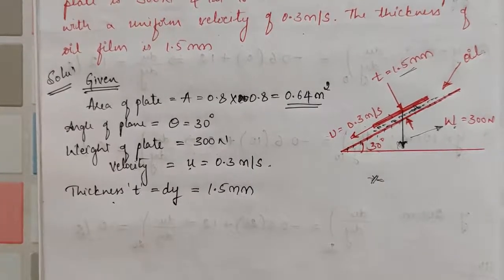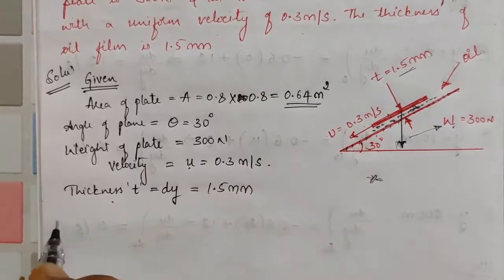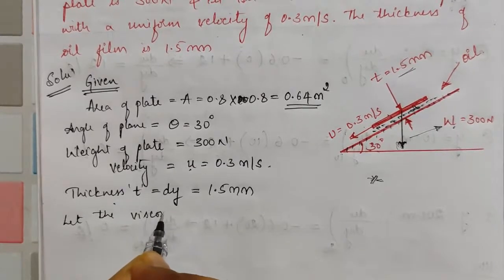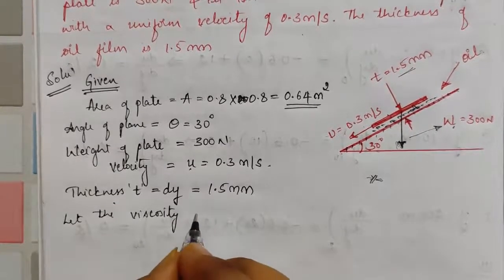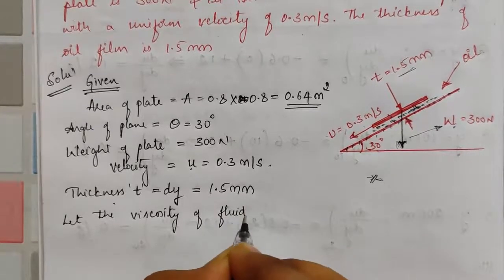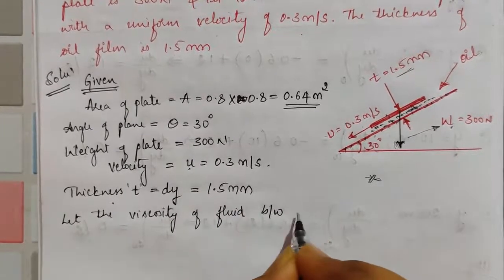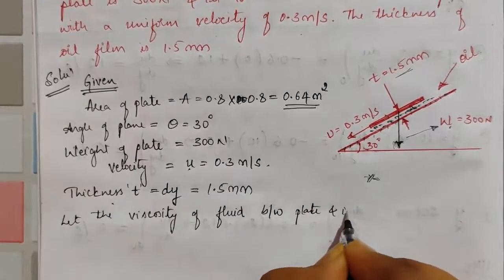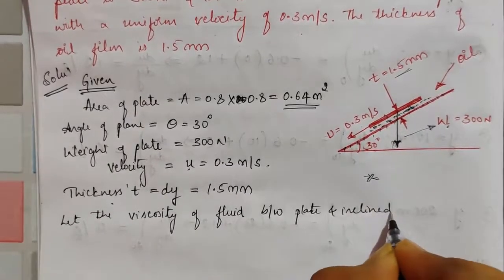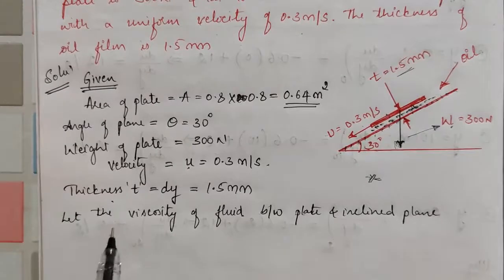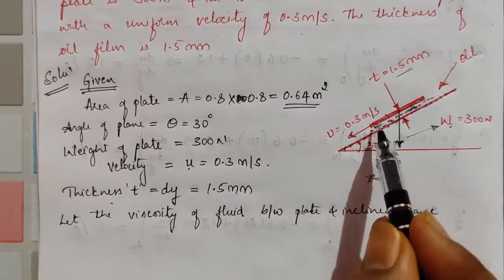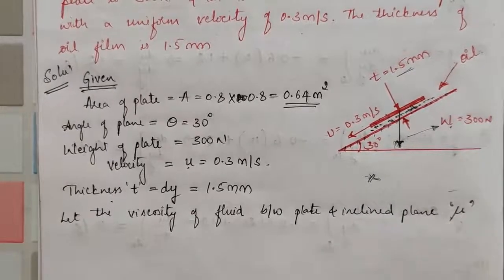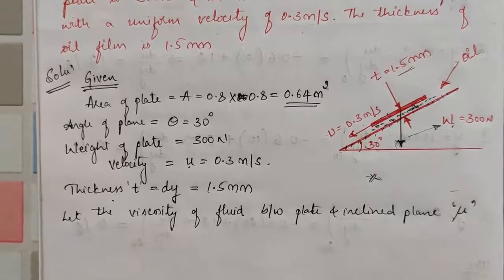We will write it like this: let the viscosity of fluid between the plate and the inclined plane be mu. Let that be mu, and we need to find the mu.